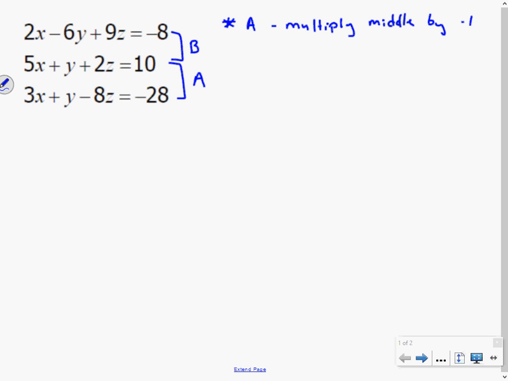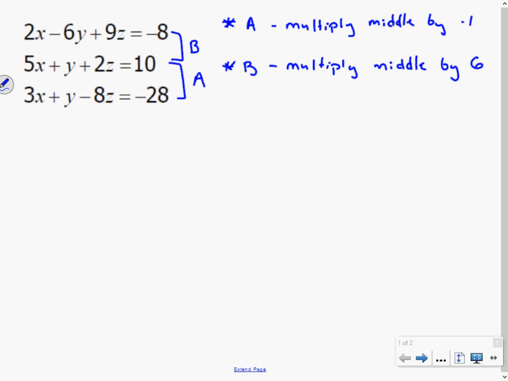And then for B, we want to make that middle equation have a positive 6y, so let's multiply that middle equation by a positive 6. Okay, so let's go ahead and get this set up.